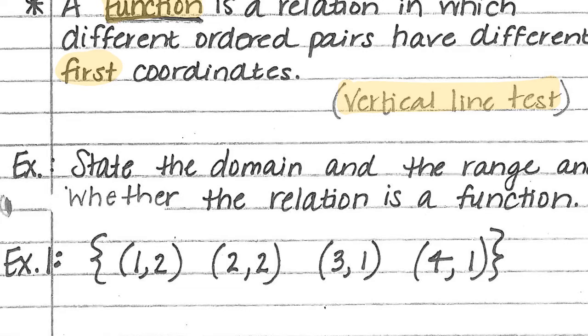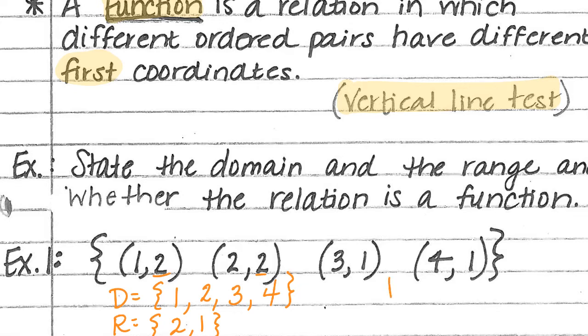All right, our first example says state the domain and the range and tell whether the relation is a function. The domain of this graph is 1, 2, 3, 4. The range of this graph is 2, well, there's 2 of them, I don't have to write them twice, and 1. So 1 x can only be matched with 1 y.